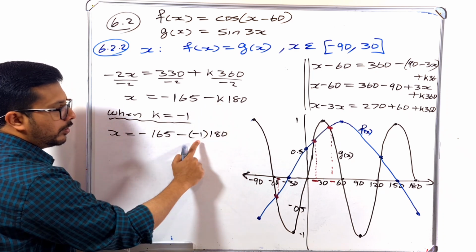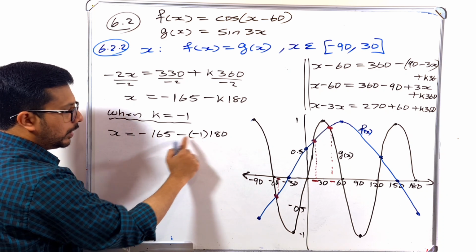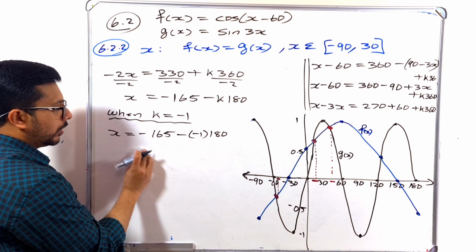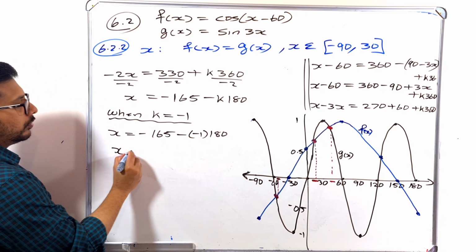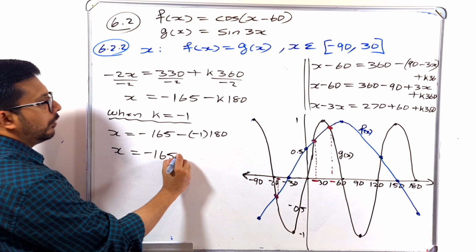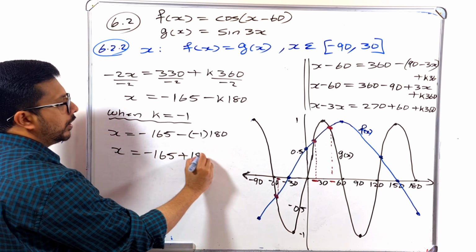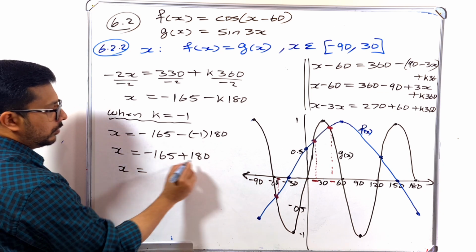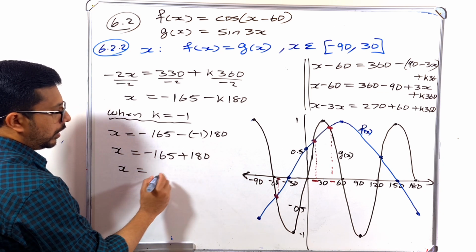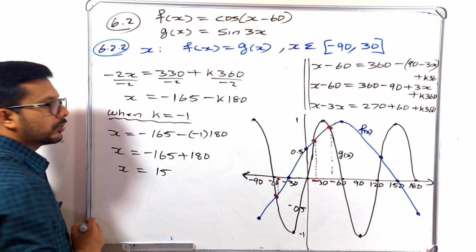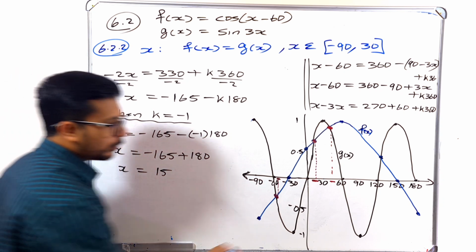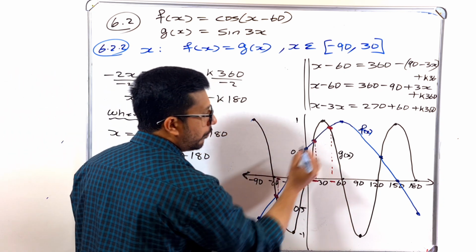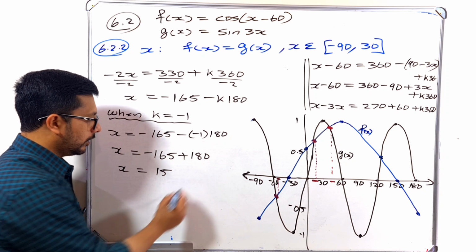So minus into minus is positive. So x is equal to minus 165 plus 180. So x is equal to 15. So at this point the value of x is 15.